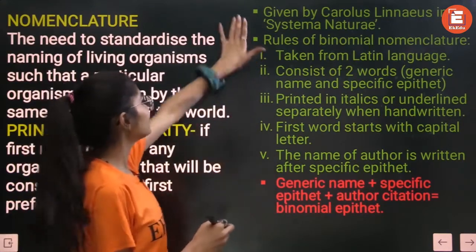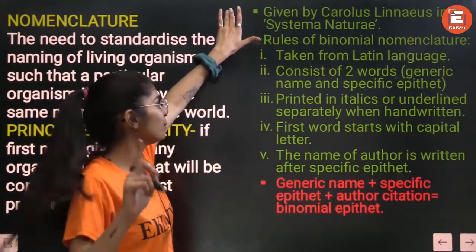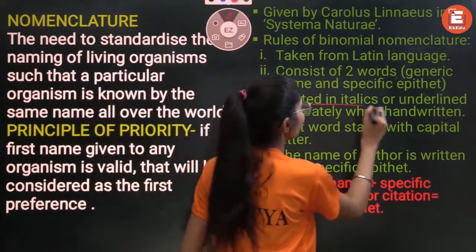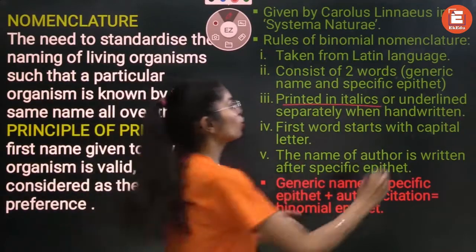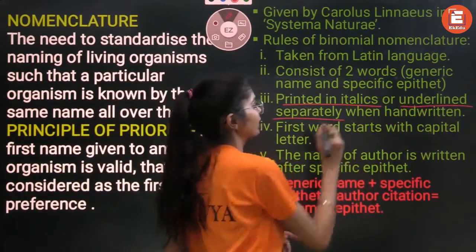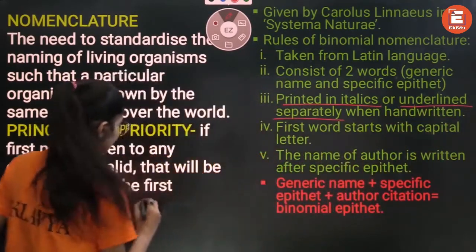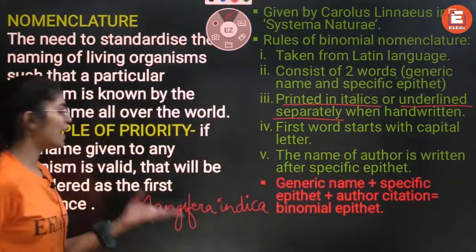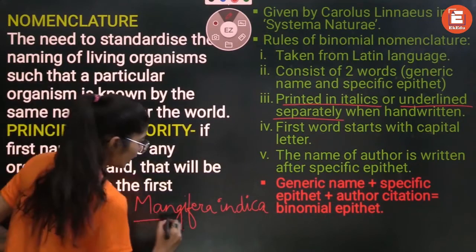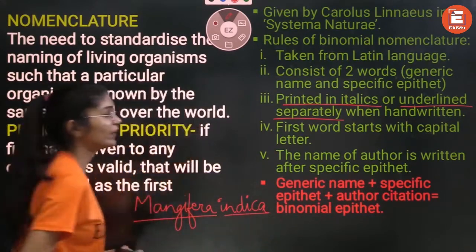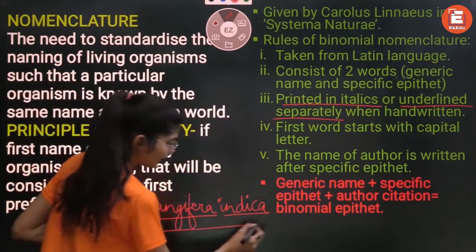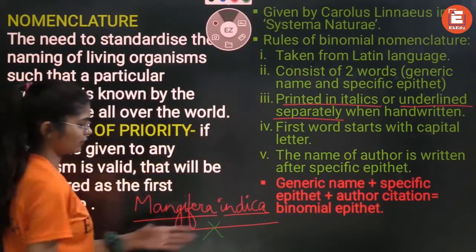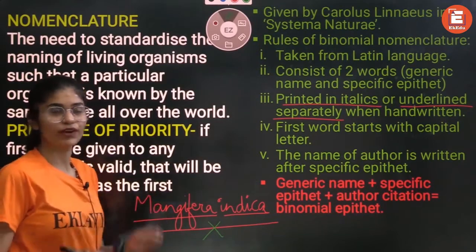They are always printed in italics, and always underlined separately. What I mean by separately is that if I write Mangifera indica, I will underline these words separately. We cannot underline them together like this. This is wrong; the first one is the right way of underlining.